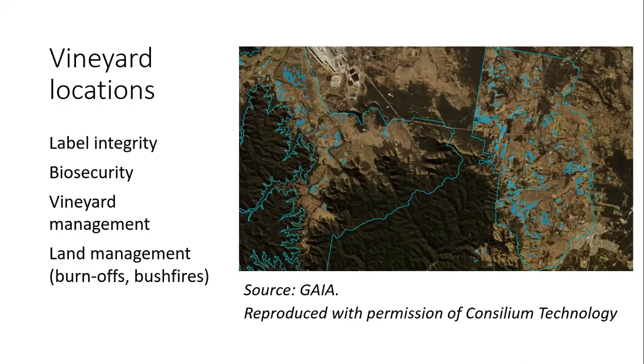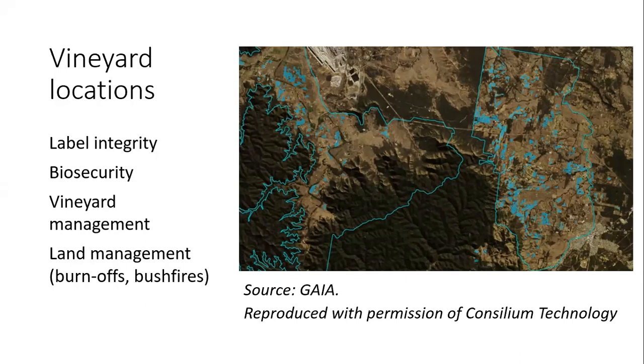You can superimpose things like soil maps, contour maps, climate maps on this and look at how vineyards relate to those other variables. And then governments are very interested in the information for land management, such as burn-offs, smoke taint, bushfires. Just knowing the location of vineyards is critical.